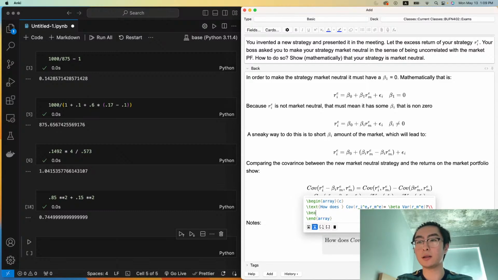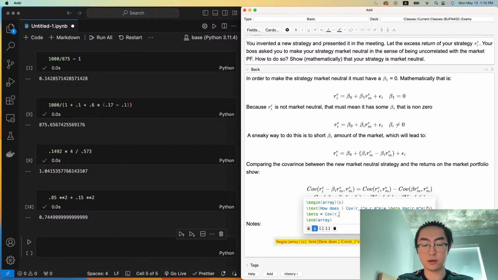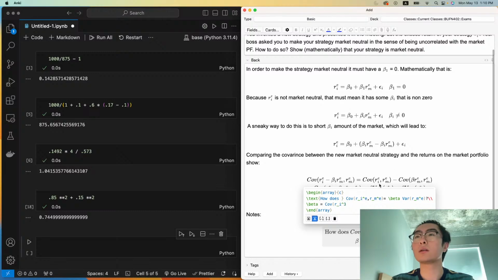So beta is equal to the covariance of R_i^e and R_M^e divided by the variance of R_M^e.